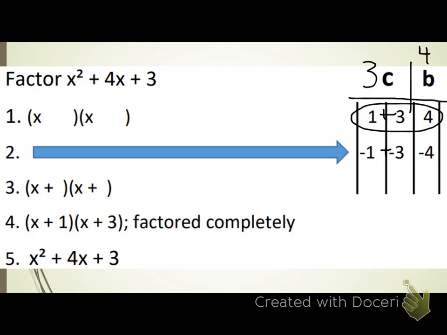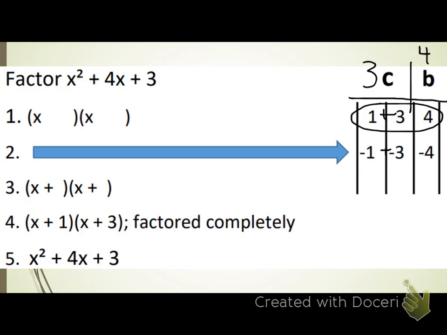So what are they both going to be here? Positive. Another way I can determine that is what are the two signs of the numbers that I used over here that gave me the correct numbers? They're both positive, so I know I'm going to have both positives in the parentheses. That's 2 ways to determine the signs. Has everyone got that? So I put the plus signs in the parentheses.